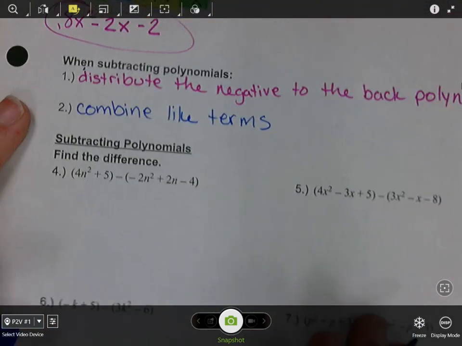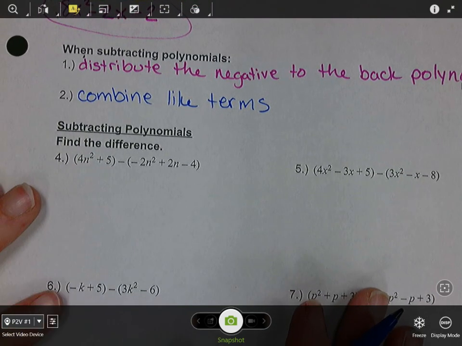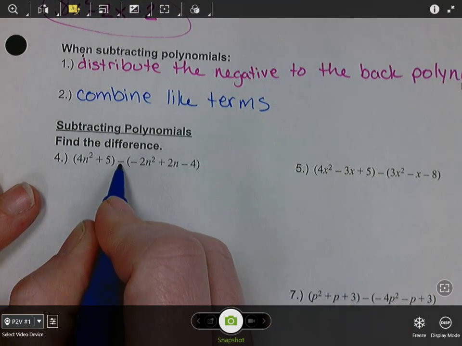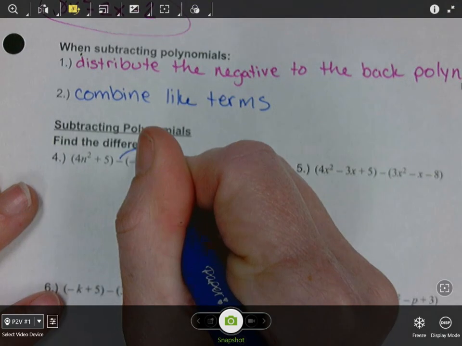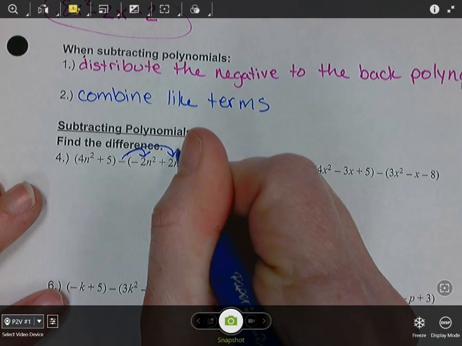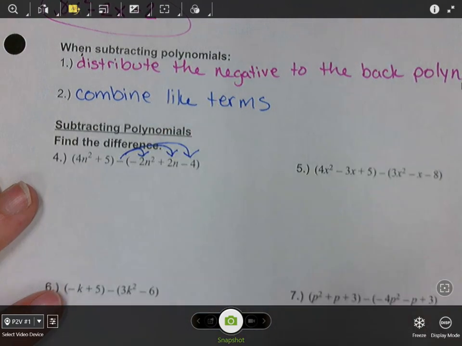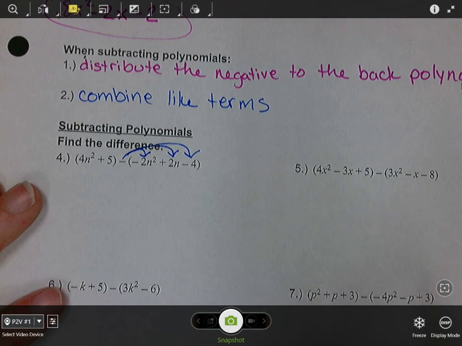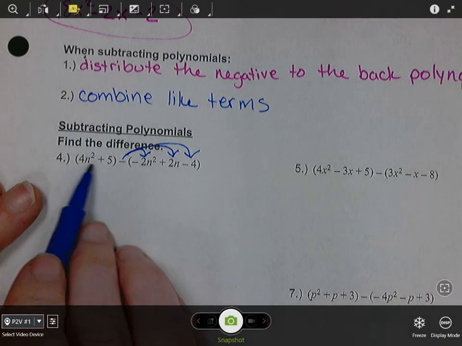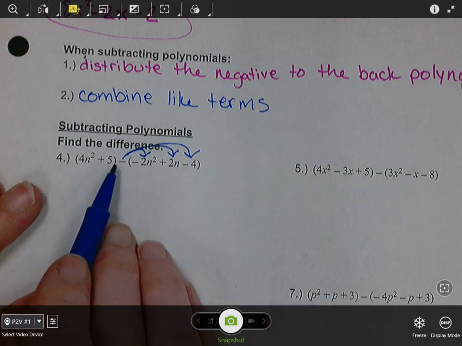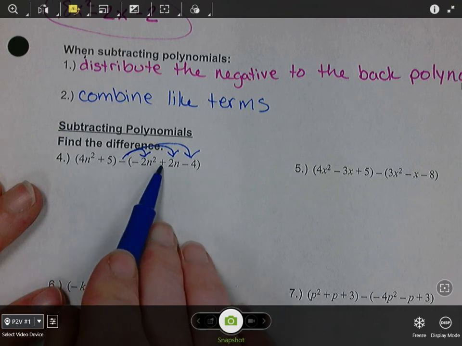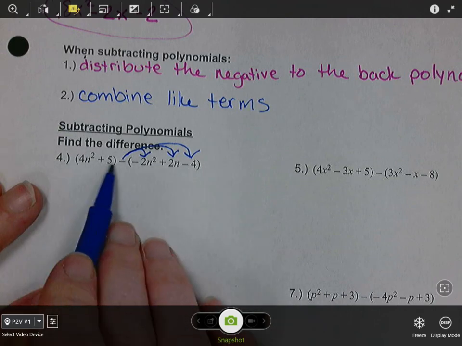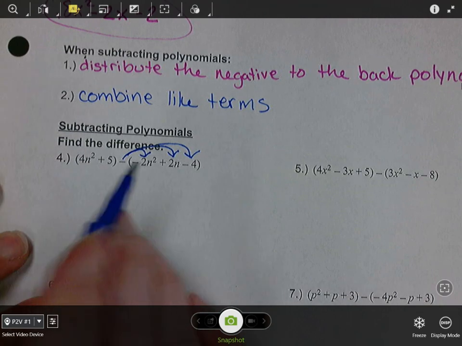Same thing goes for polynomials. The first thing you're going to do, see this negative here? You're going to distribute this negative to every single term in this polynomial. Really what you're doing when you're distributing a negative, you're going to keep the first polynomial the same, change that to addition, and then change all these signs. So the first polynomial stays like it is, 4n squared plus 5.